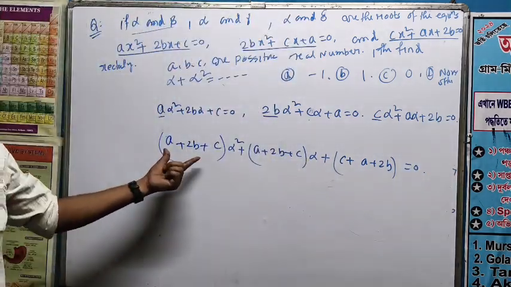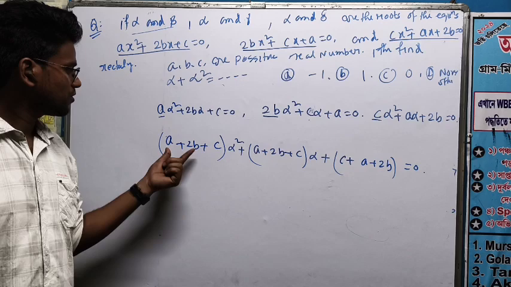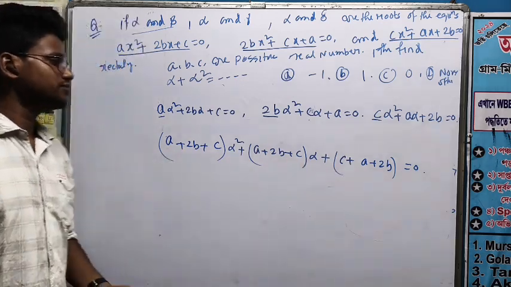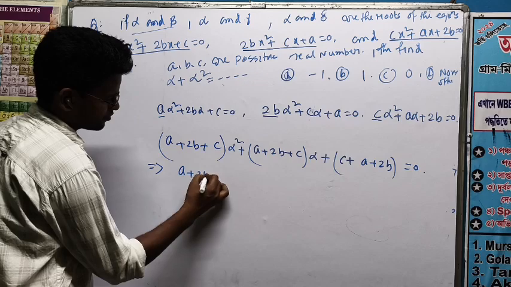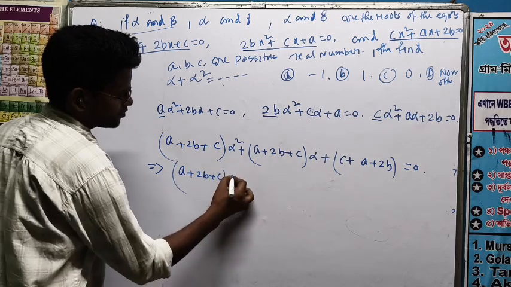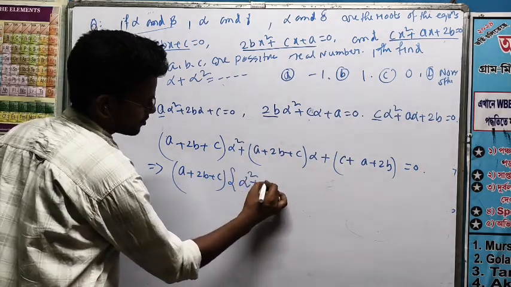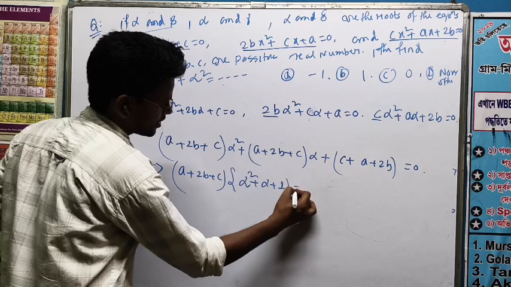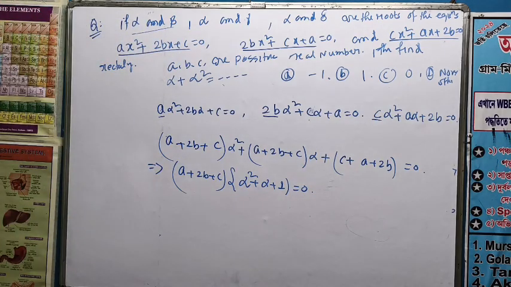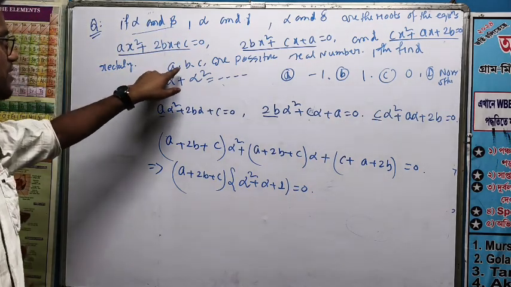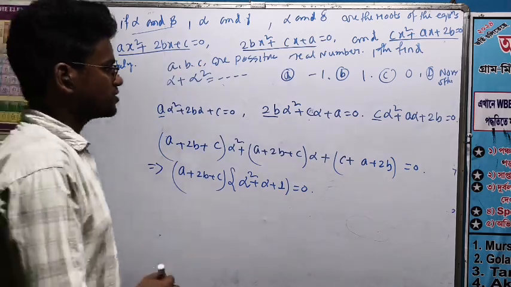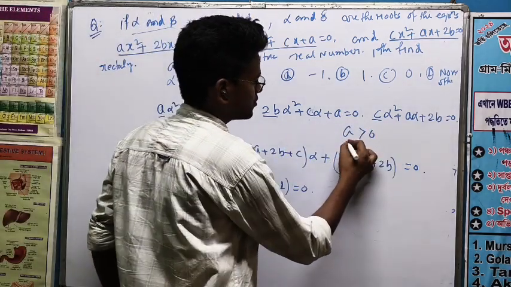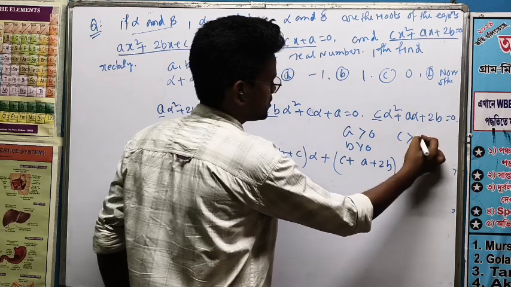That means all are similar terms, then we take common. This is a plus 2b plus c into alpha square plus alpha plus 1 is equal to 0. In the question it is given that a, b, c are positive numbers. That means a is greater than 0, b is greater than 0, and c is greater than 0.